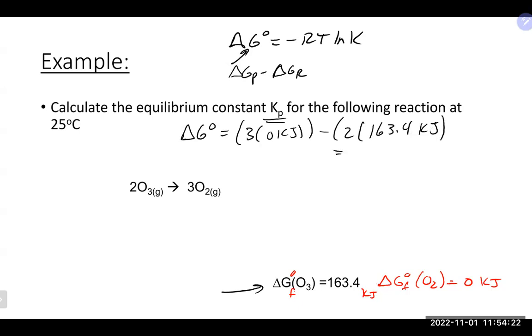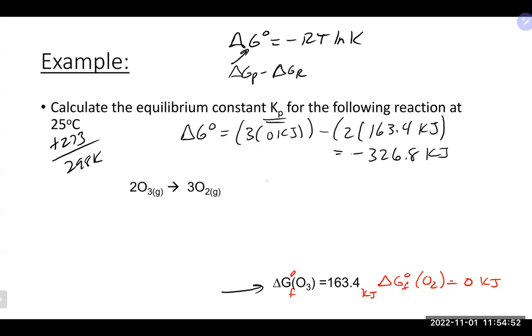And that's going to get us 2 times 163.4, which is 326.8, and it is negative here, negative 326.8 kilojoules as our delta G. We also need our temperature here, so we'll add 273 to that, which gives us 298 Kelvin. I think that's all we need.